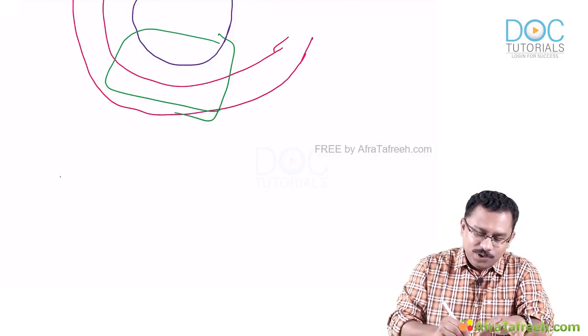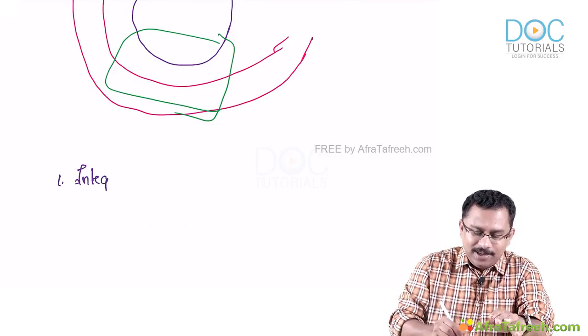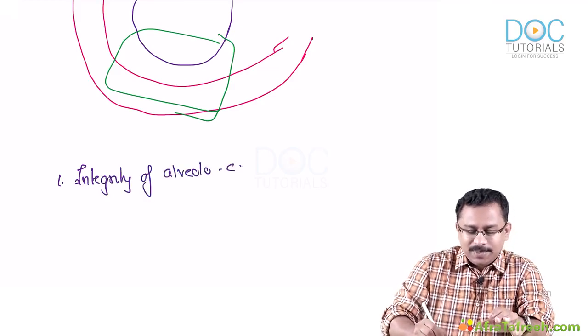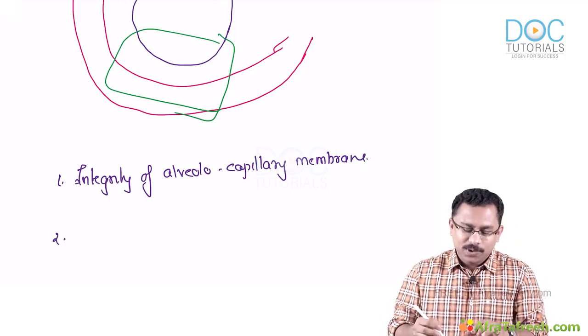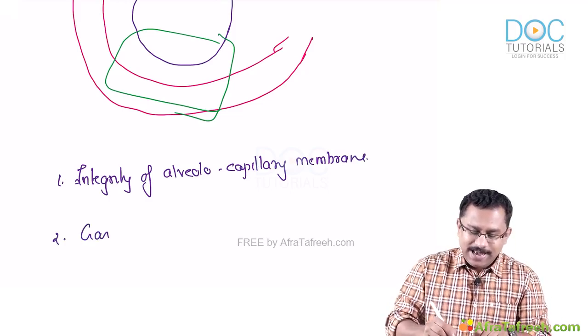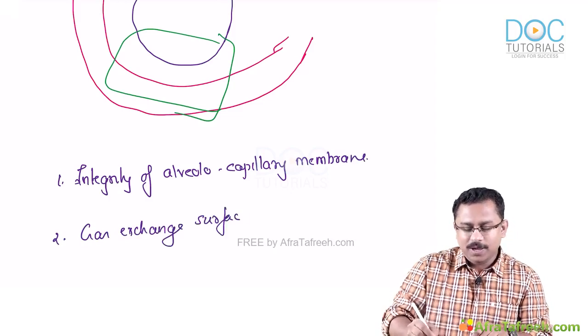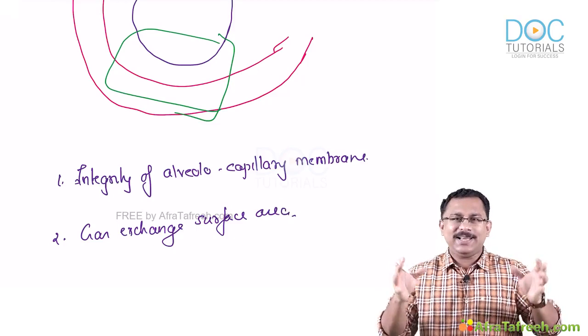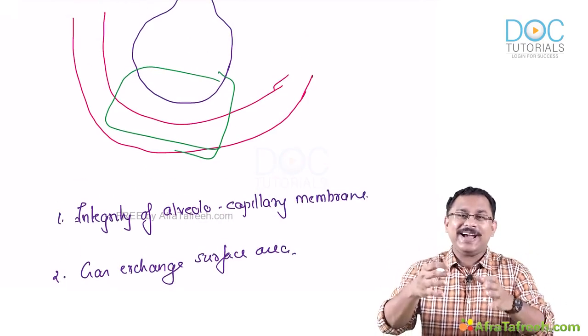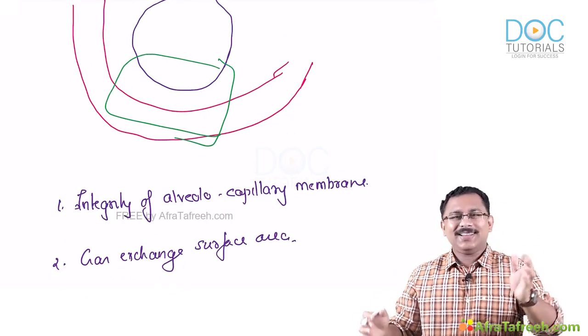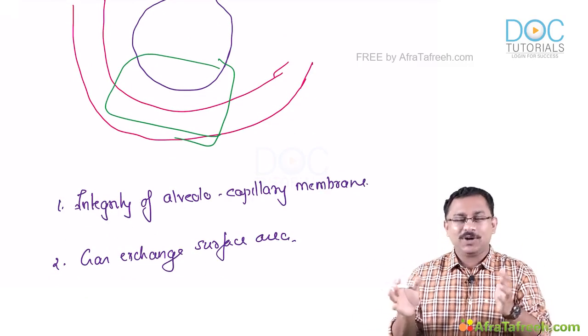One factor is the integrity of your alveolo-capillary membrane. And the second is your gas exchange surface area. When I say gas exchange surface area, it means the surface area available for gas exchange at the alveolar level. Now this test, DLCO, depends on these two.